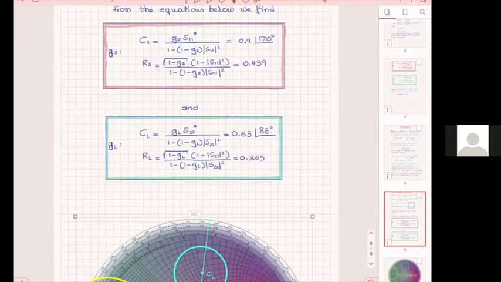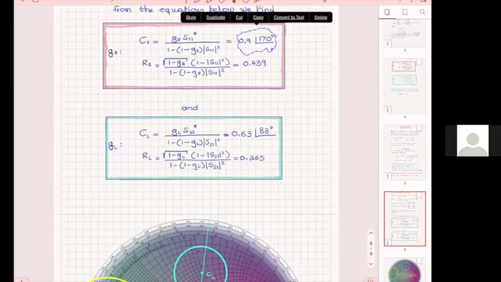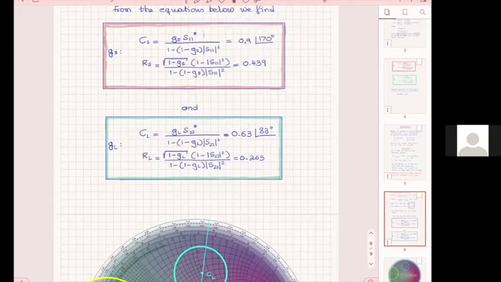And the phase of this, which is here, so you see the magnitude 0.9 and you see the phase. And the phase of that is exactly the opposite of the phase of S11 because of this. Do you agree?